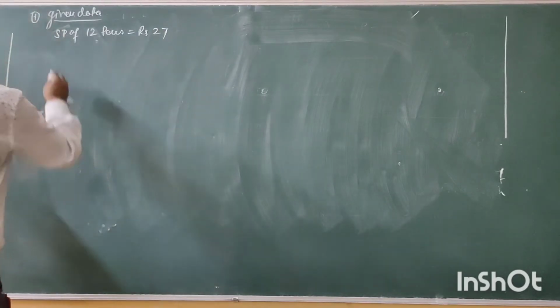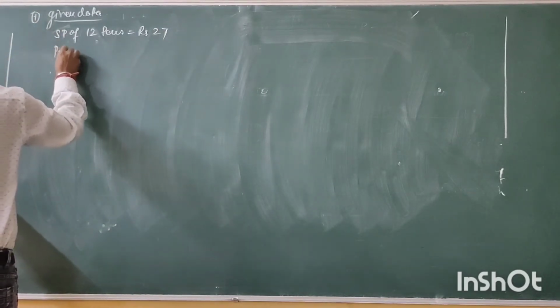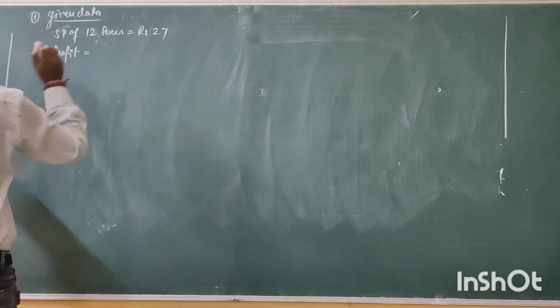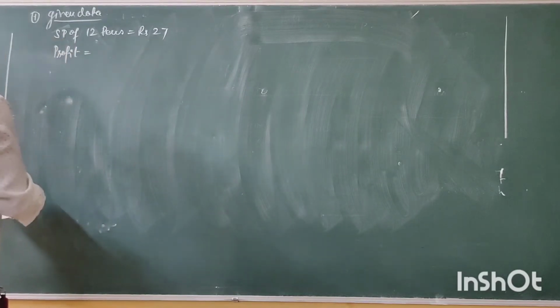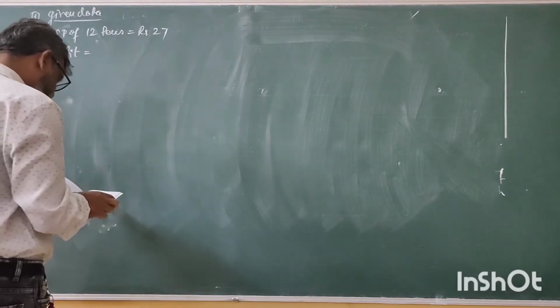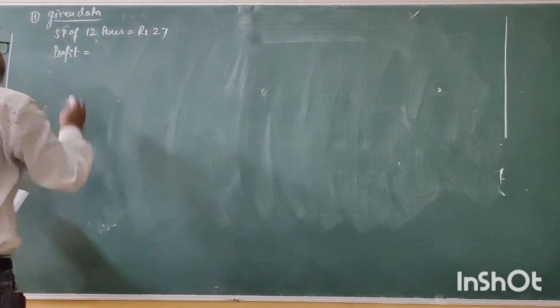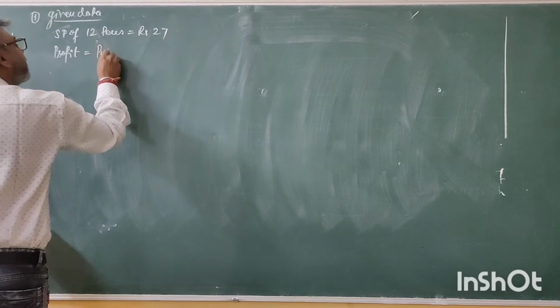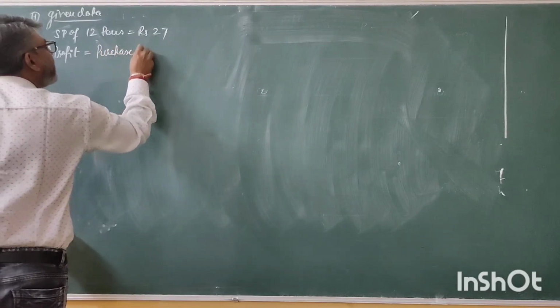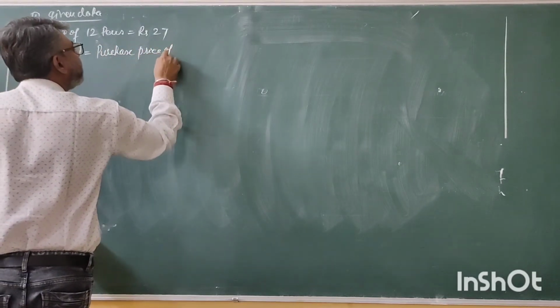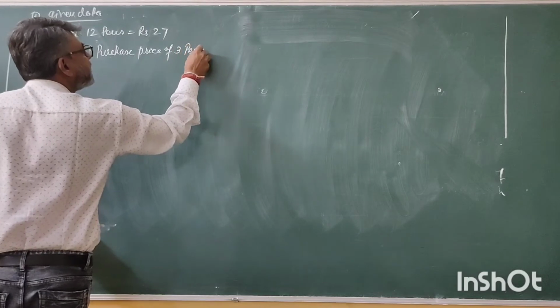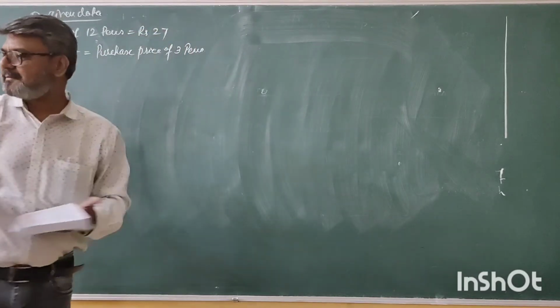Understand? And the second point, profit is equivalent to, that means profit equals the purchase price of 3 pens. This is the question. Clear?